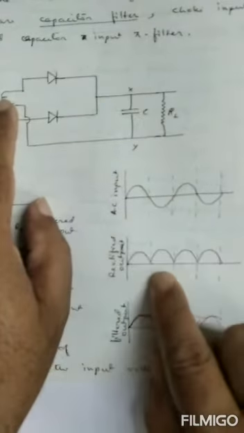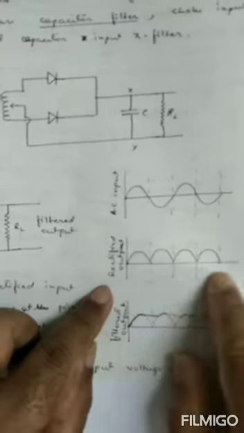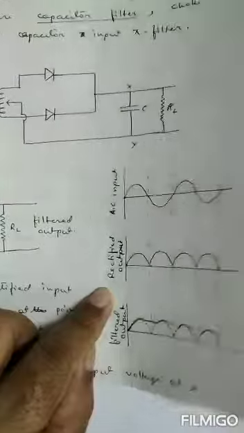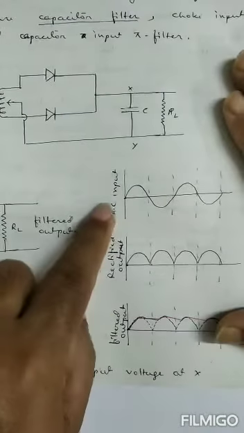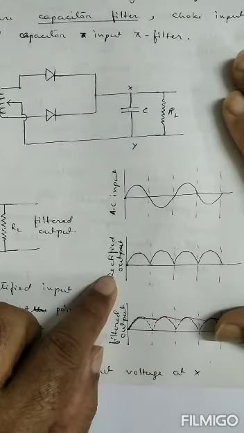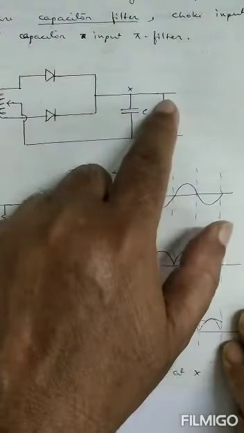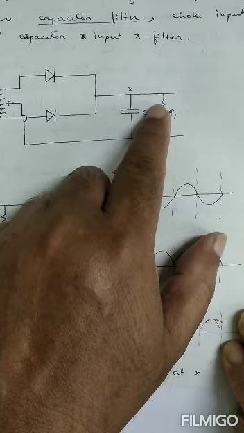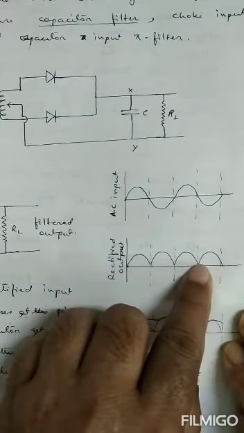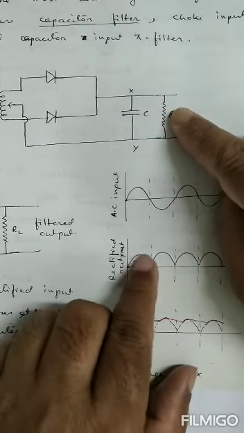This is the input AC, and this is the rectified output across the load, and this is the filtered output. That means in this case, the current through the load resistance is unidirectional, but its value is changing.